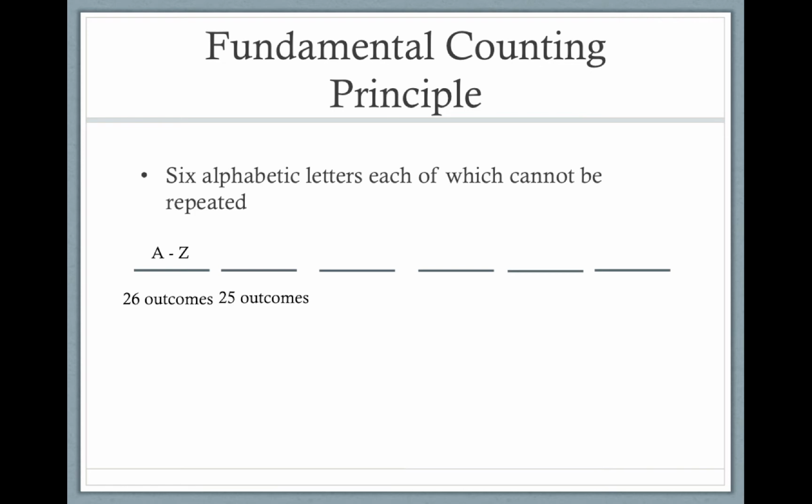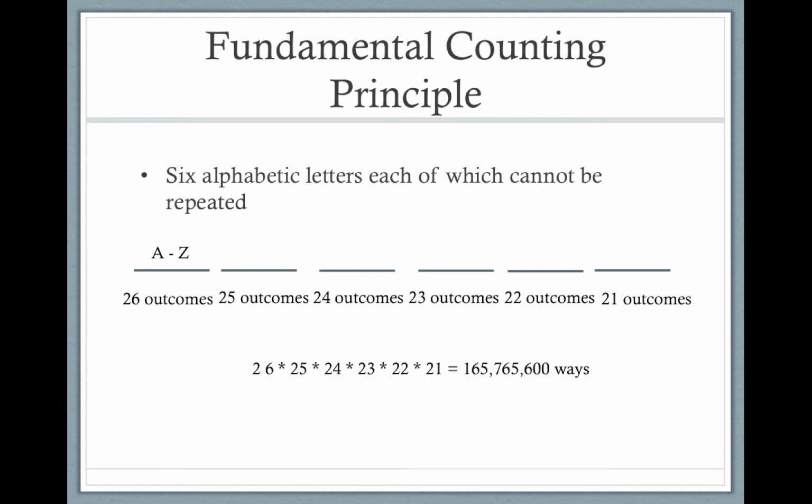The answer is 25, then 24, 23. So we're going down by 1 each time because we keep using a letter. And what does the fundamental counting principle say to do here? It says to multiply 26 times 25 times 24 times 23 times 22 times 21, giving us a ginormous number. So there's all kinds of ways to combine 6 letters.